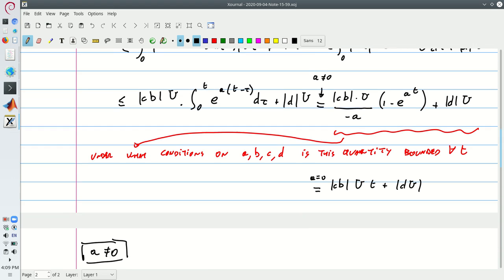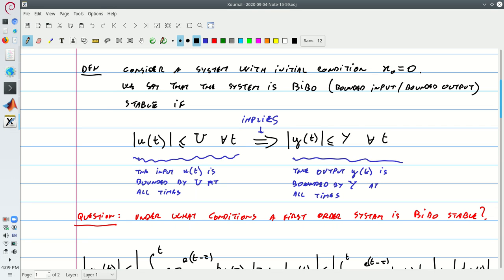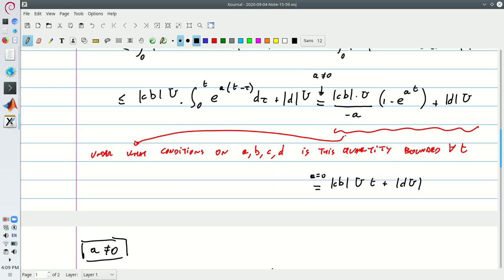Is this clear? Let's go through this just one time. The question was, when is it true that a linear system of the first order is bounded input, bounded output stable? That means that a bounded input, bounded by capital U, gives me a bounded output, bounded by some capital Y. So what we have done here is just to write y of t with its expression to start finding some bounds, and let's see what these bounds look like.